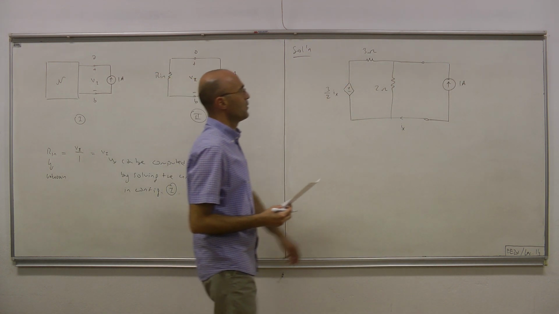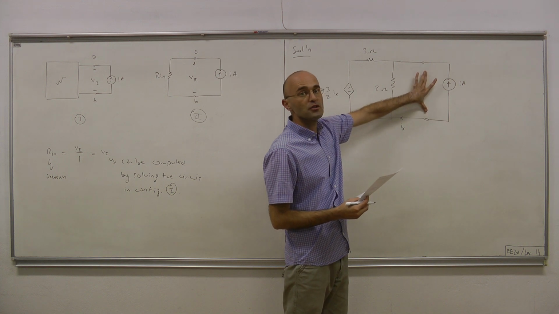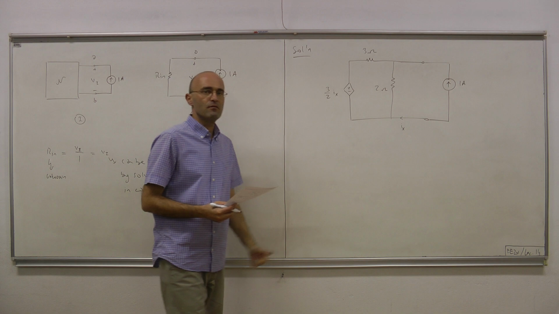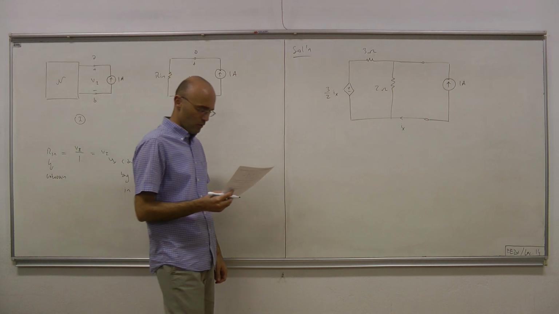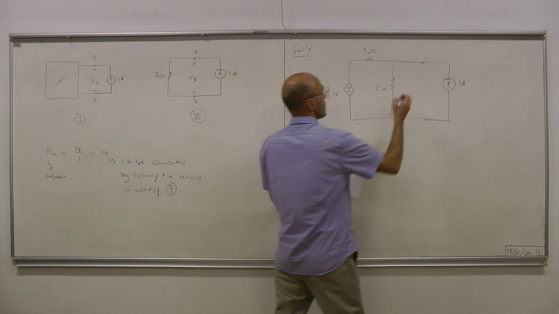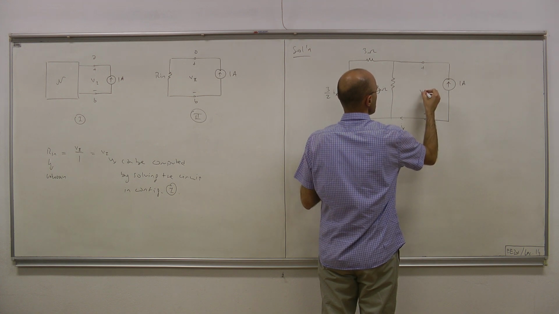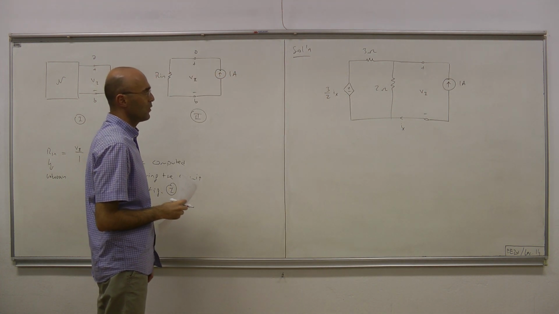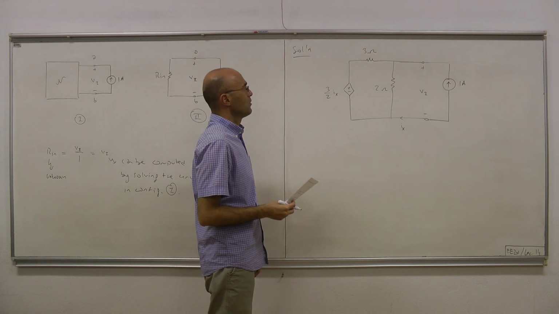Okay. And then what we're trying to figure out is this voltage. If you can find this voltage, that voltage will directly give us the input resistance of that one. Okay. So let's call that voltage plus minus V1.